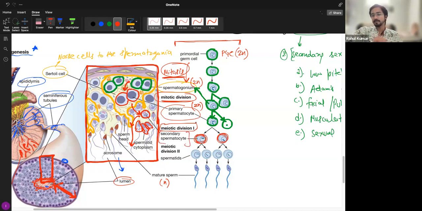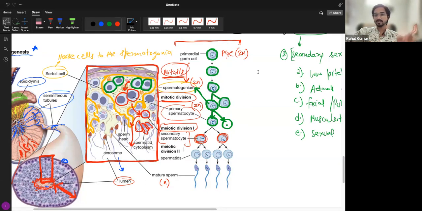Now, tell me, will the secondary spermatocyte be haploid or diploid? Meiosis 1 has happened. Meiosis 2 is yet to happen. Remember, in class 10th when you studied meiosis and mitosis in detail, leptotene, zygotene, pachytene, all these things, there was a statement that meiosis 1 is a reductional division and meiosis 2 mimics mitosis.